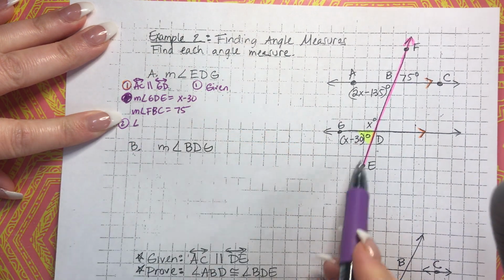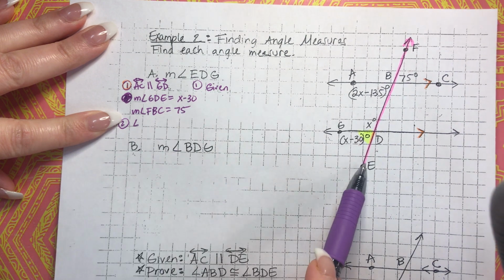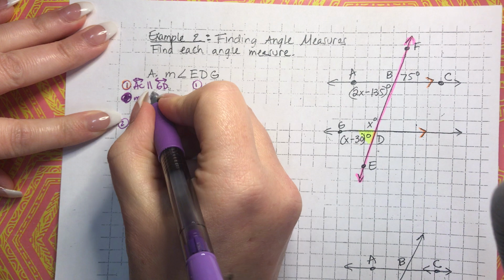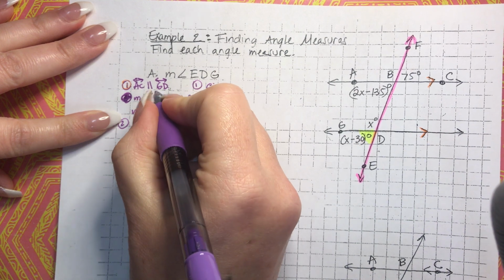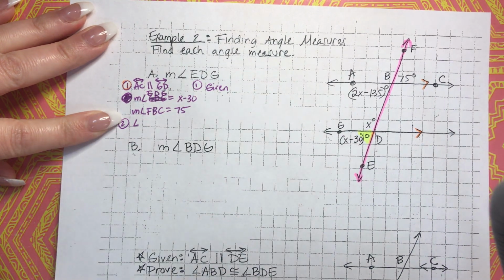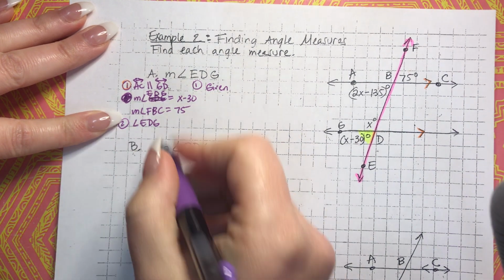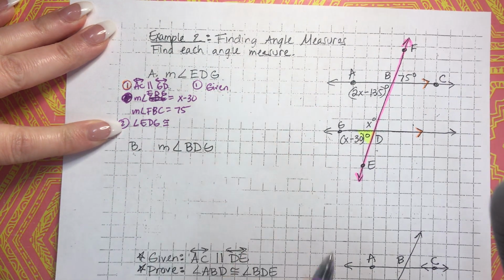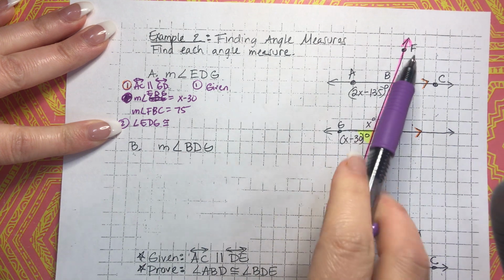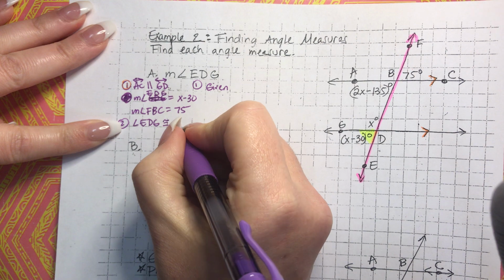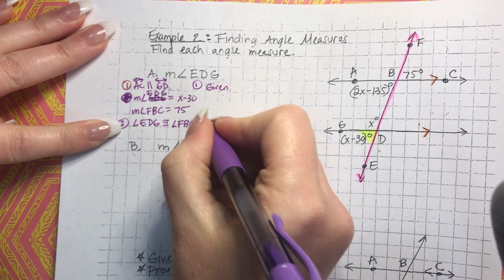It's really the same thing, but you should write it as EDG, that's how they're writing it, so I should write it the same way to not confuse anybody. So angle EDG is congruent to angle FBC. And why is that?